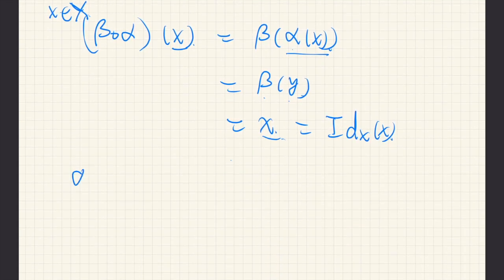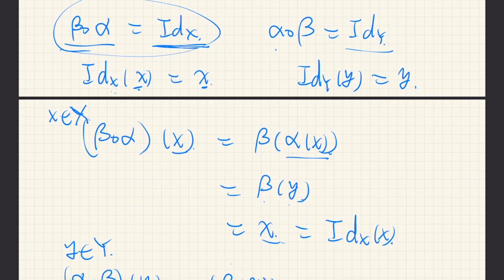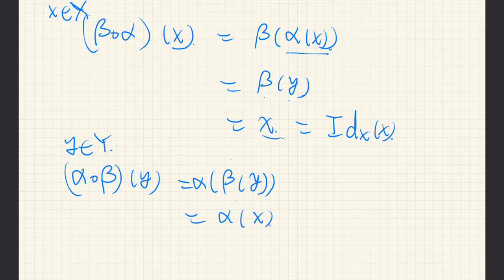And similarly, alpha after beta of Y for Y in the set capital Y. So that is alpha of beta of Y, and beta of Y is equal to X by the very definition of this map beta.